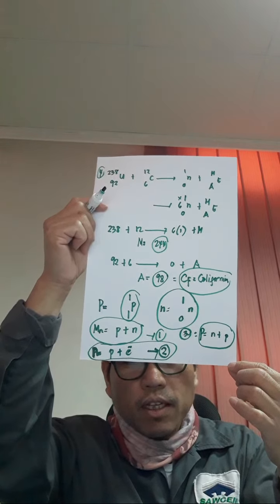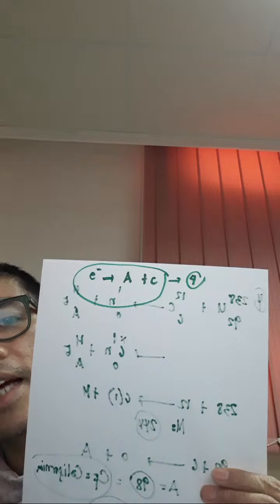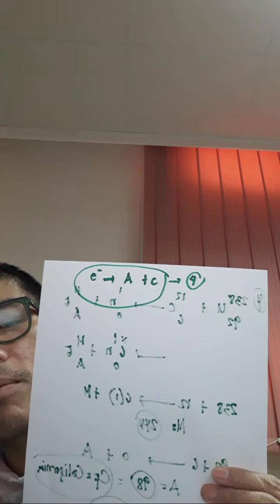And another formula also. Electron is equal to the atomic number plus the charge. This is equation number 4. This is for the case, for example, of having charges.